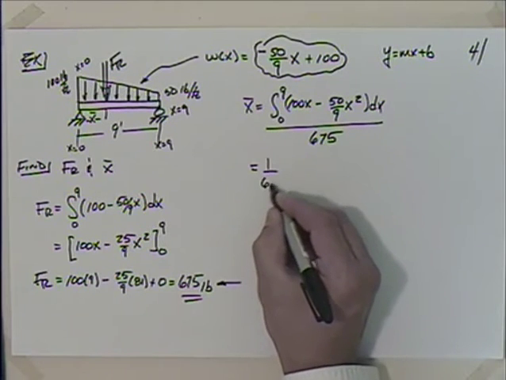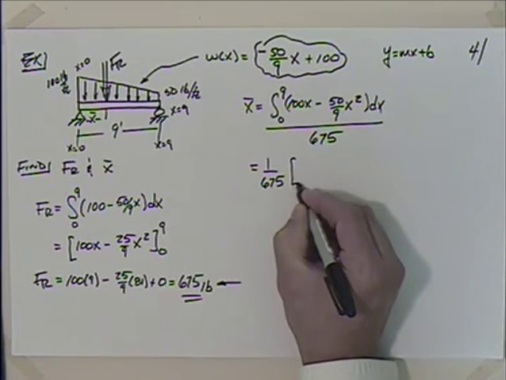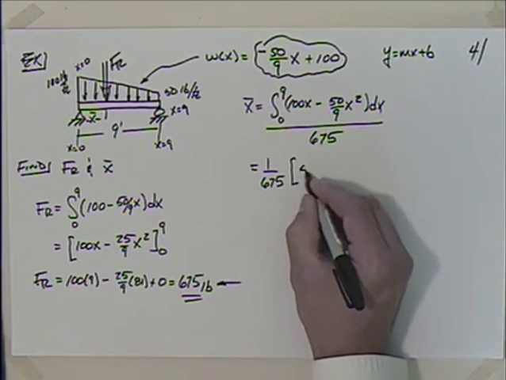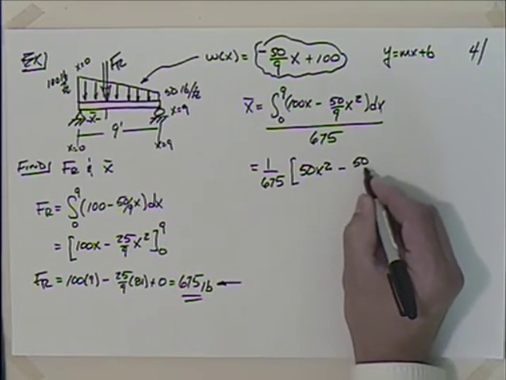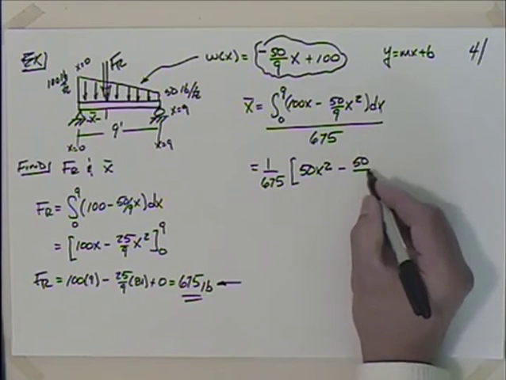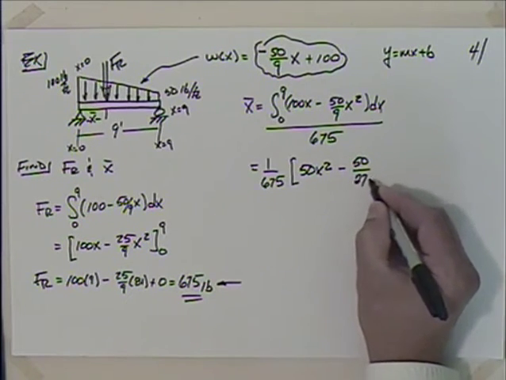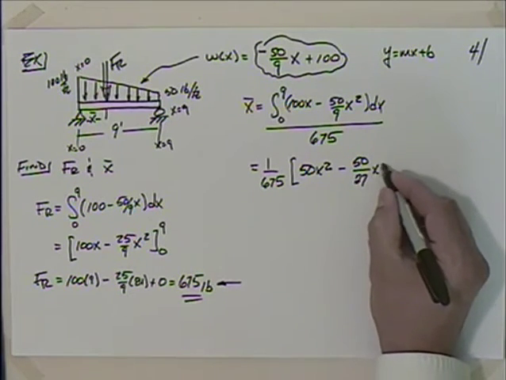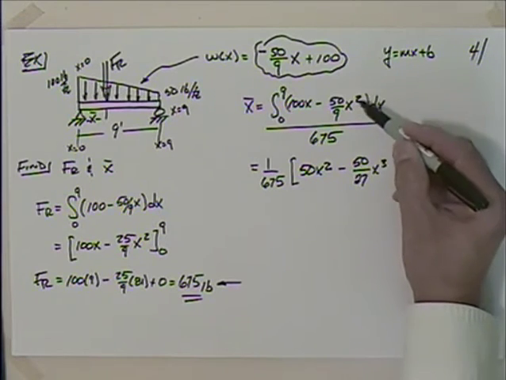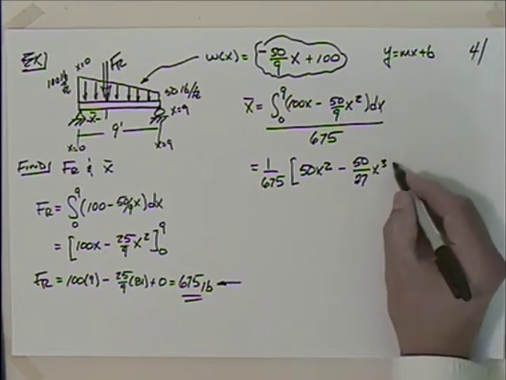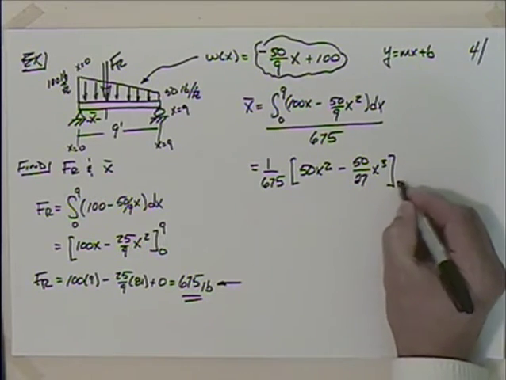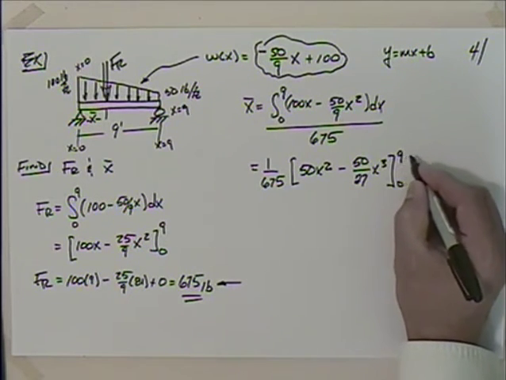1 over 675 times 50 x squared minus 50 over, what is that, 3 times 9, x cubed over 27. All right, yeah, x cubed, is that right? So 3 times, yep. And this will then be evaluated at 0 and 9.